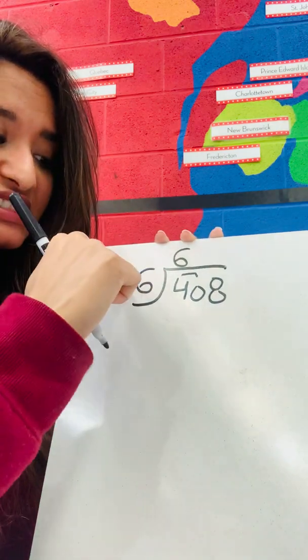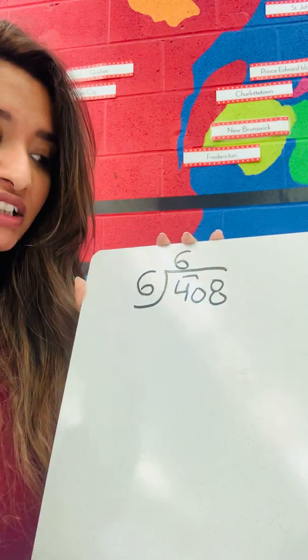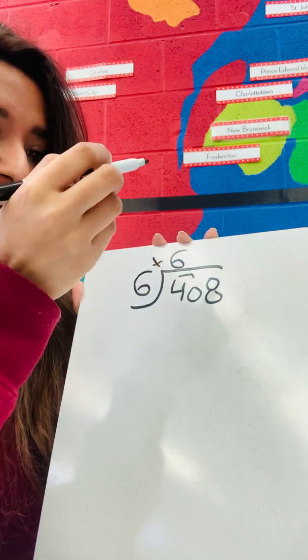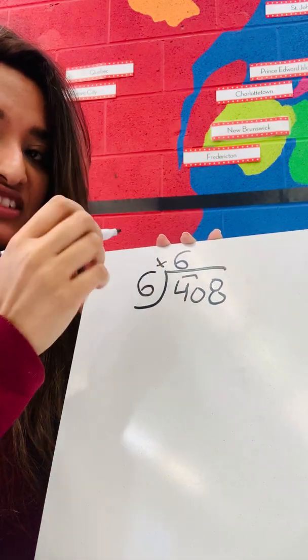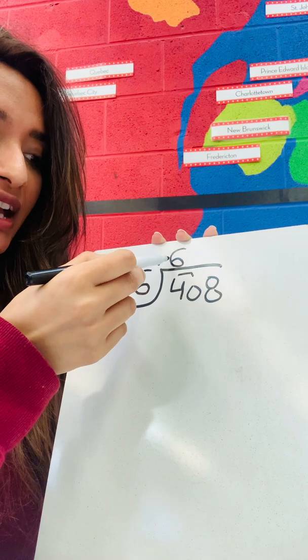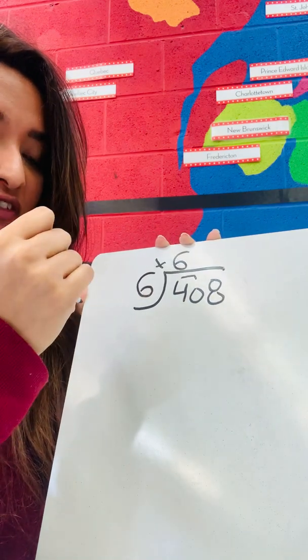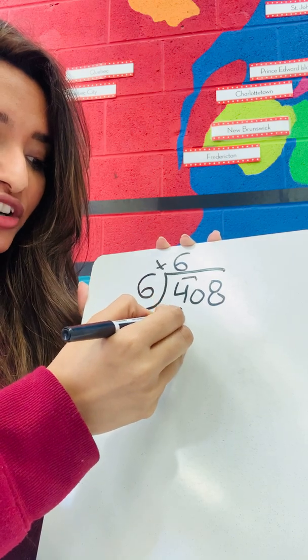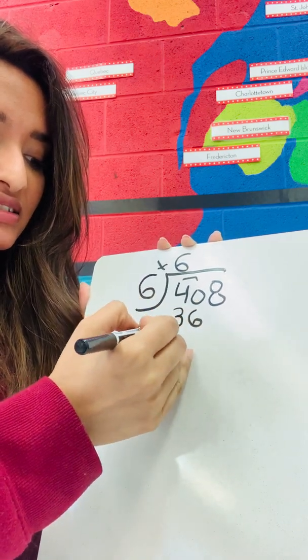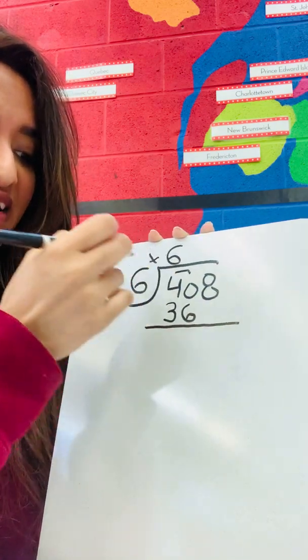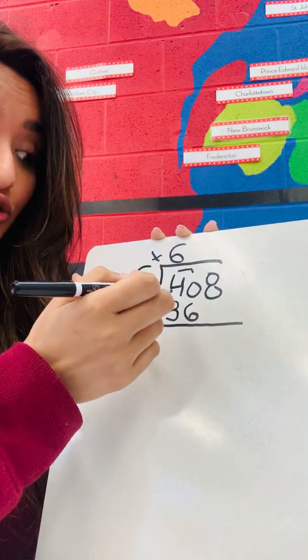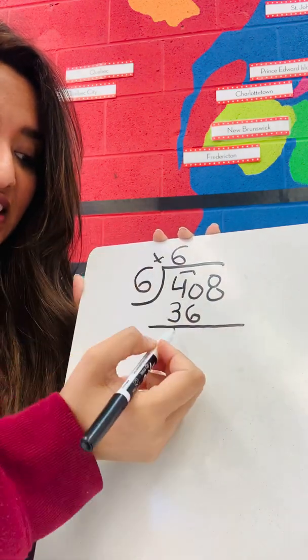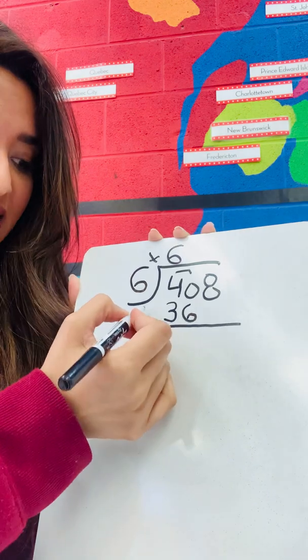Only 6 6s can fit into 40. Now, we go back and we multiply. We ask ourselves, well, 6 times 6 gives me what? 36. So 6 6s fit into 40, and 6 6s give me 36.